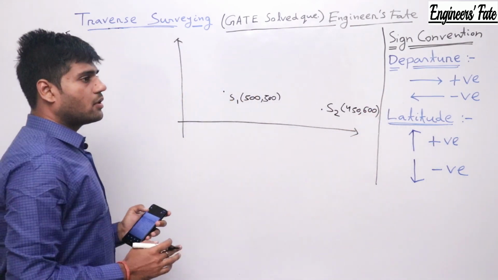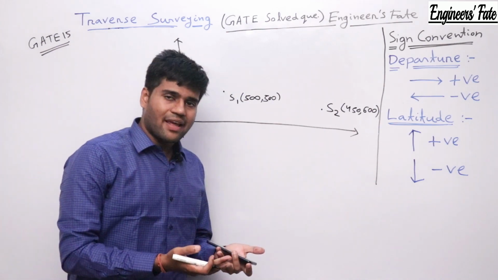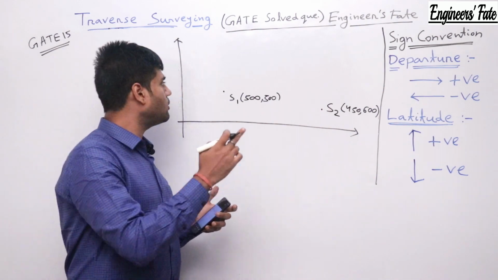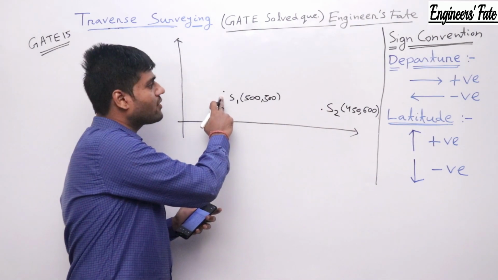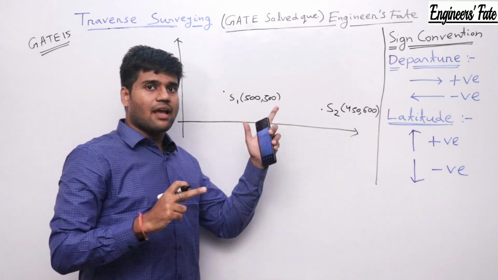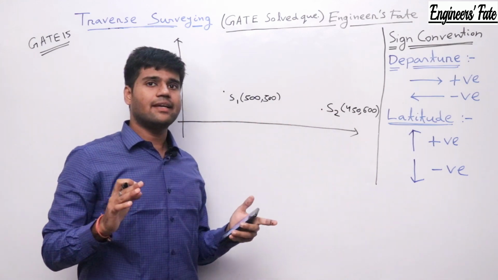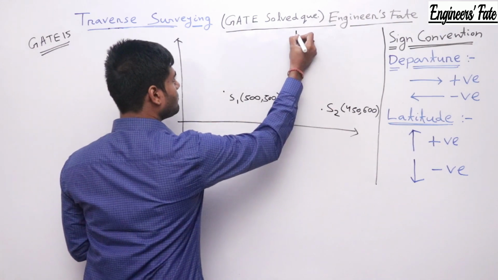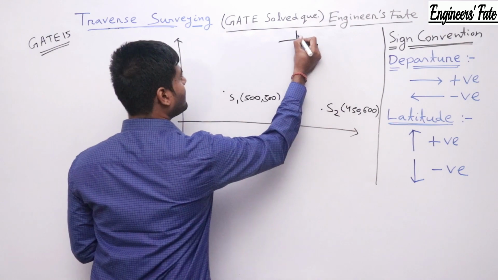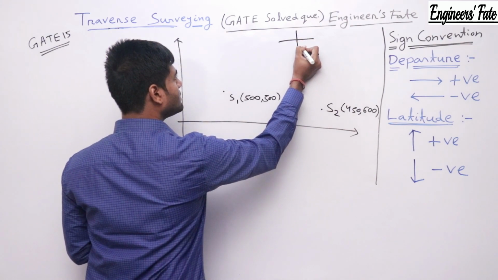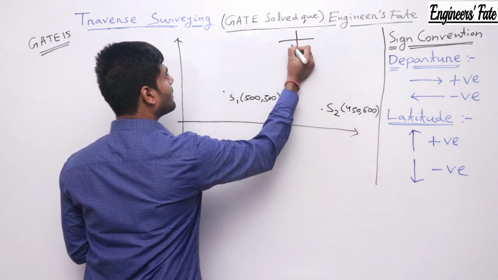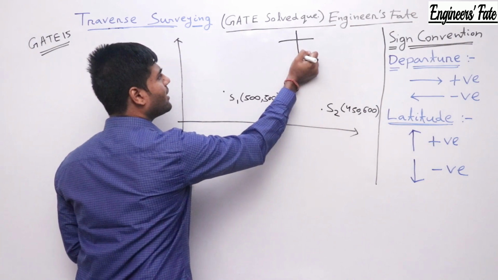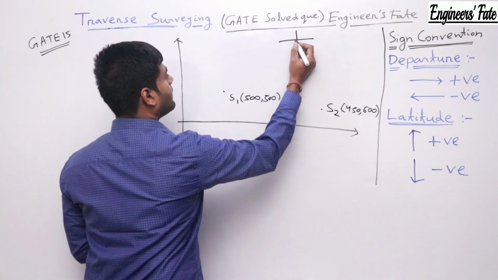So now where can I place the station S3 so that the angle from S3 to S1 will be 225 degree and the angle from S3 to S2 will be 153 degree 26 minute? That thing you have to imagine. So this is the first quadrant. This is the third quadrant, and the third quadrant value lies from 180 degree to 270 degree.